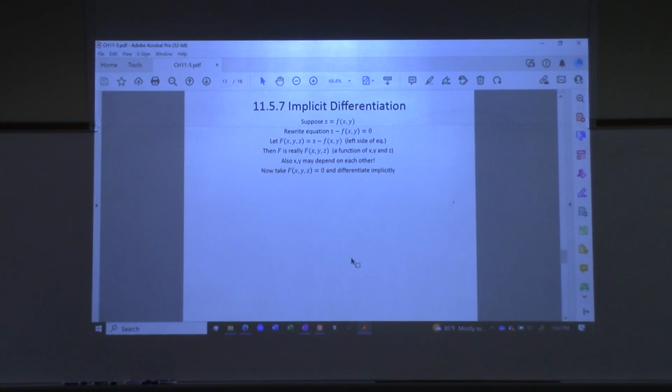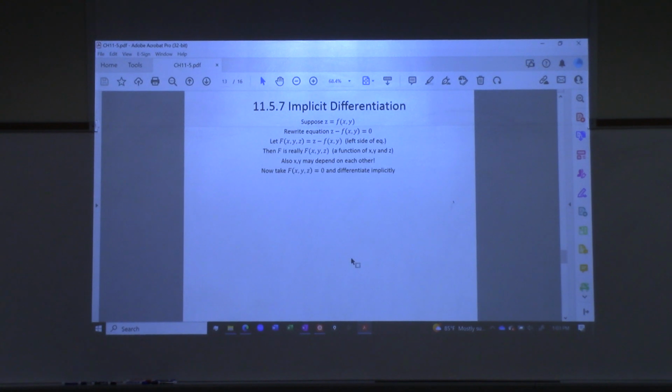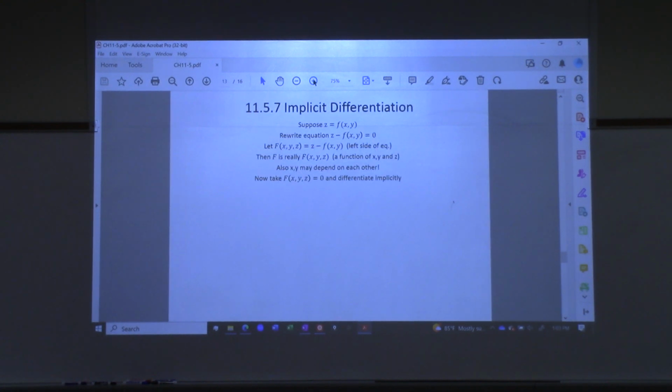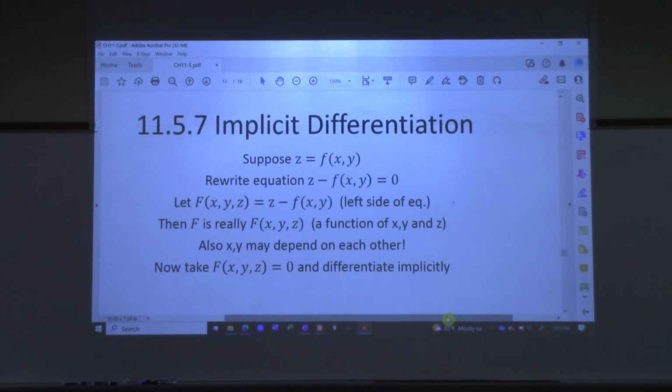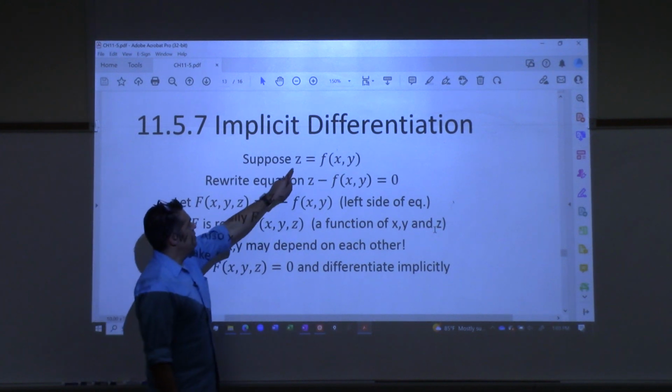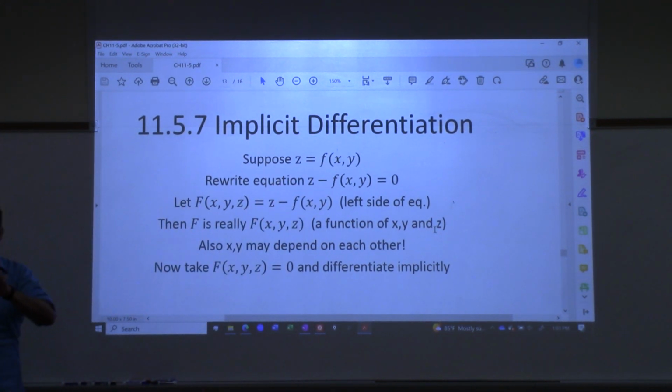So let's start off here with this. I'm sorry that's so small, I'll make it a little bigger. So suppose that we have z is equal to a function of x and y, all right? So somehow you can determine z if you know what x and y are.